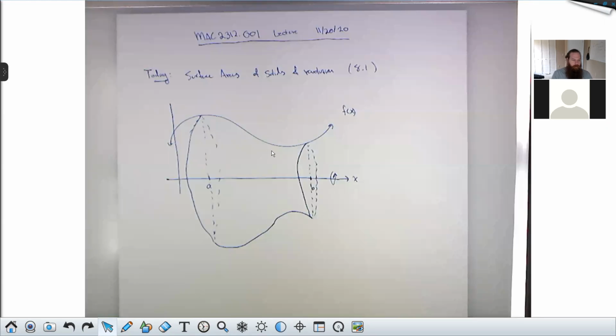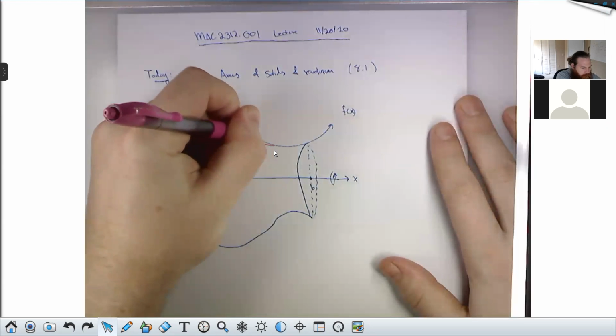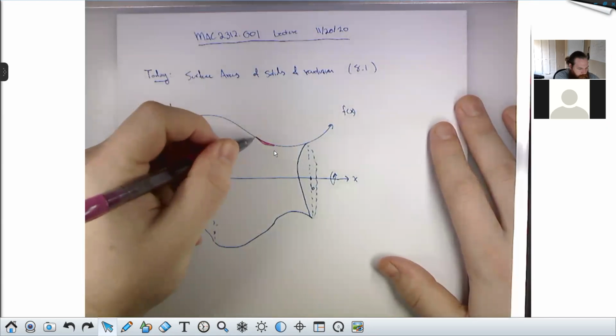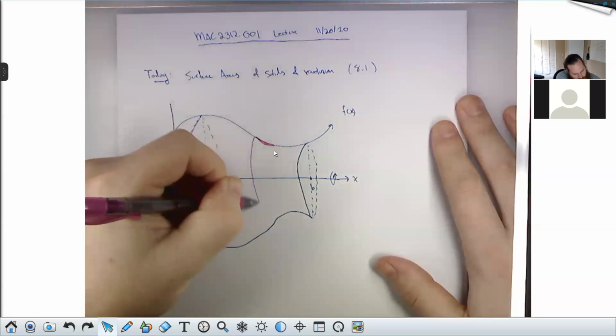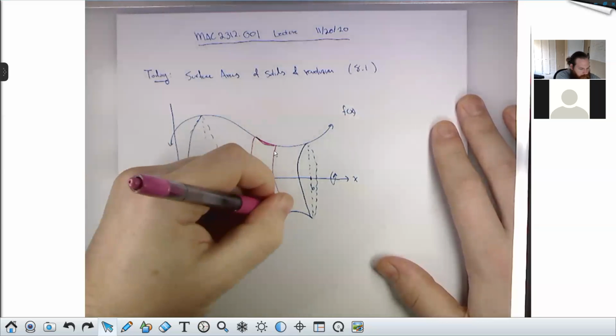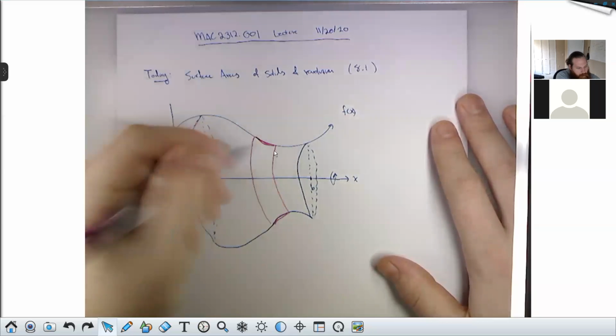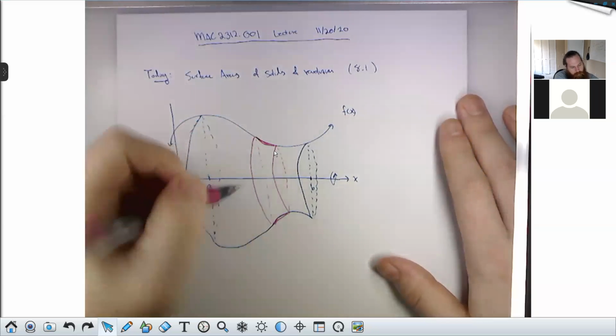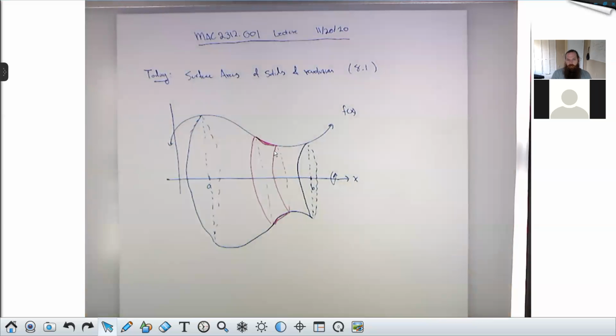The idea here is if we want to find the surface area of this solid, what we should do is take a little bit of the arc length along the way and rotate that. So imagine you take some little stretch of arc length here, and rotate just that bit of arc length, then that would generate a little patch of surface area.